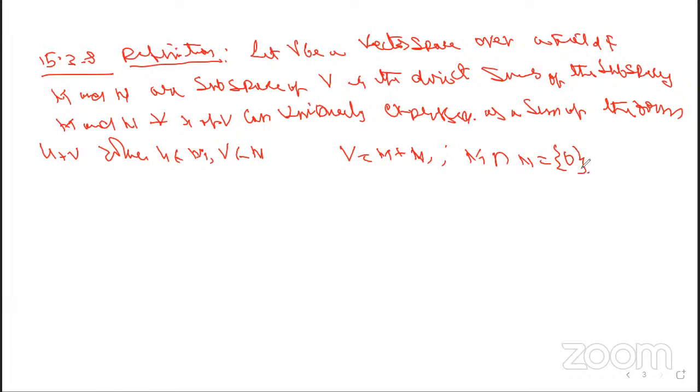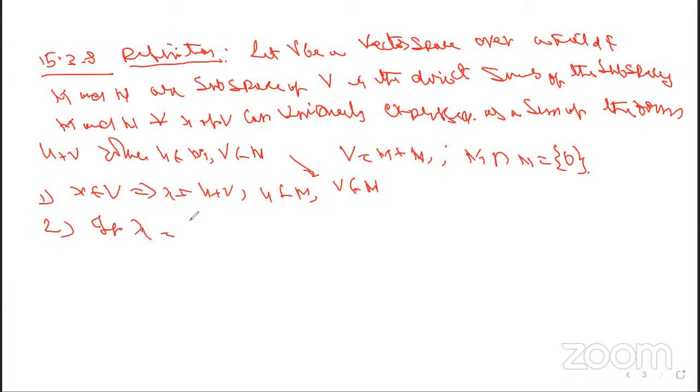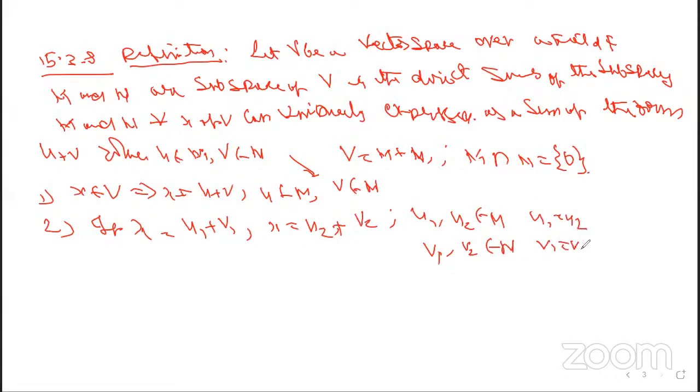That implies, first one we can write as x belongs to V. That implies x equal to u plus v, where u belongs to capital M and v belongs to capital N. Second one, if x equal to u1 plus v1, x equal to u2 plus v2, where u1, u2 belong to M and v1, v2 belong to N, then u1 equal to u2, v1 equal to v2.